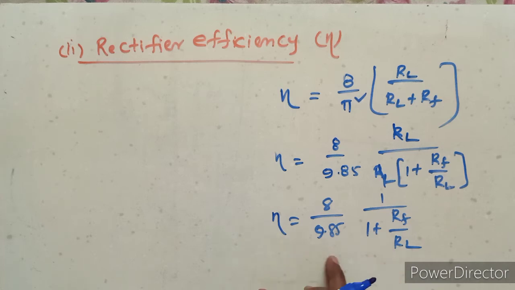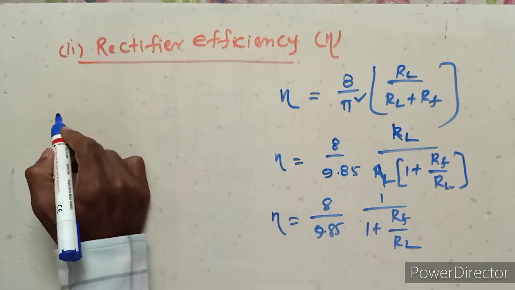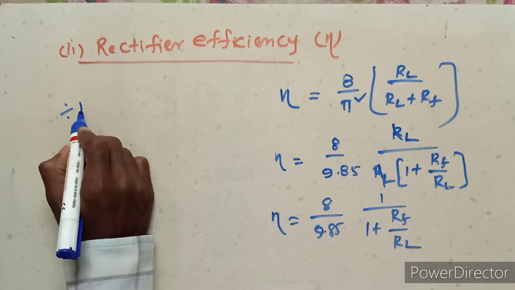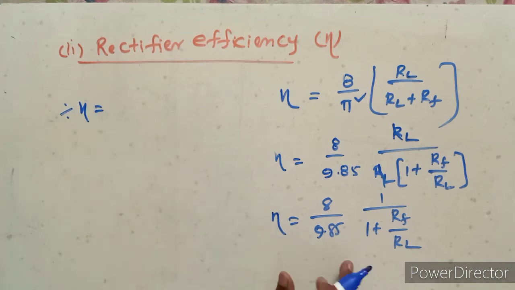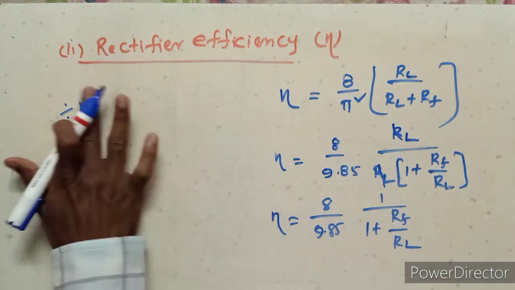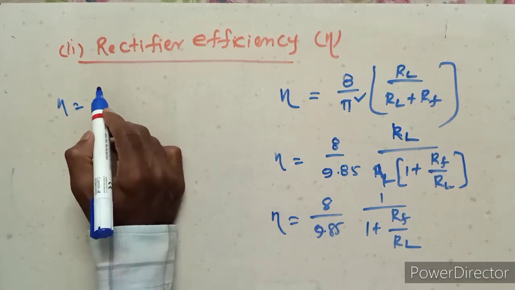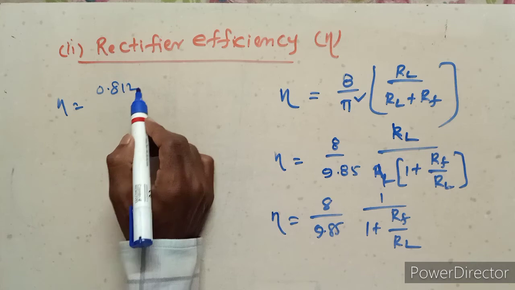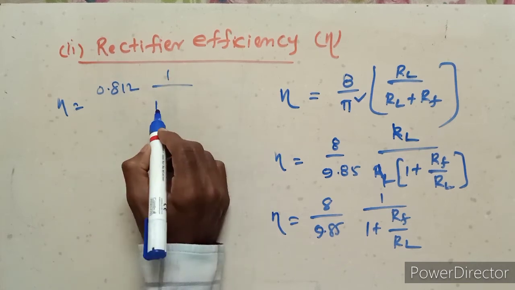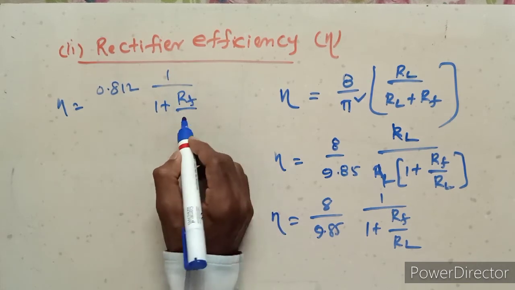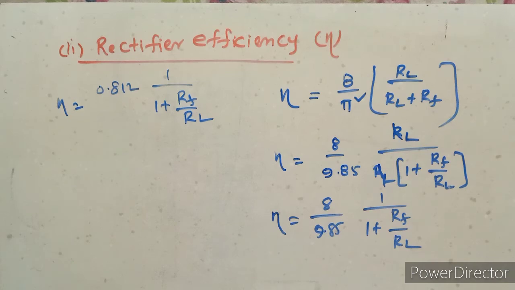This is the eta, but the percentage of eta equals 8 upon 9.85, which is 0.812, into 1 upon 1 plus RF upon RL.